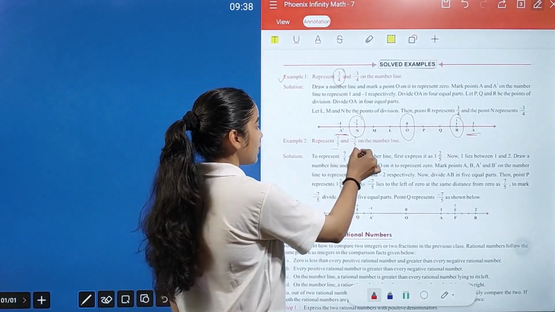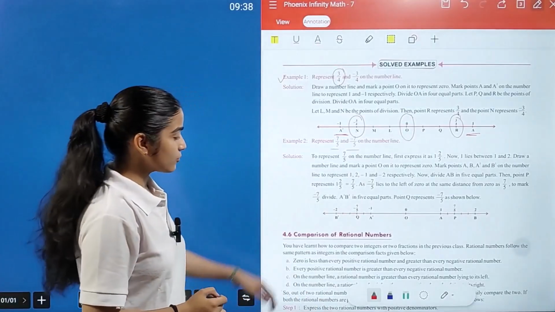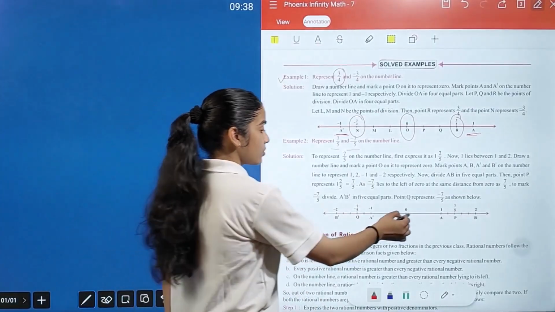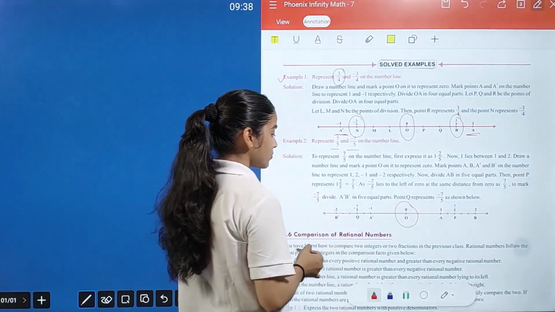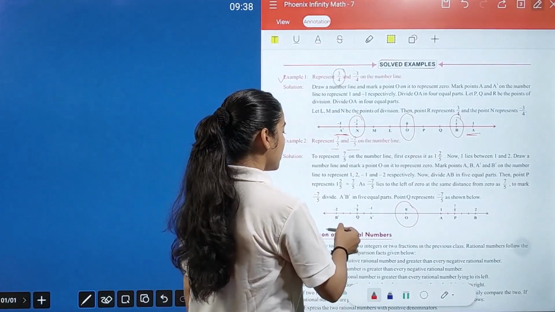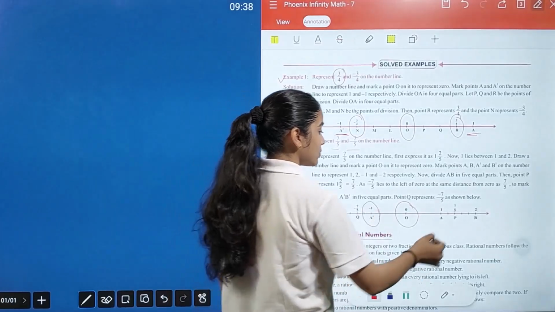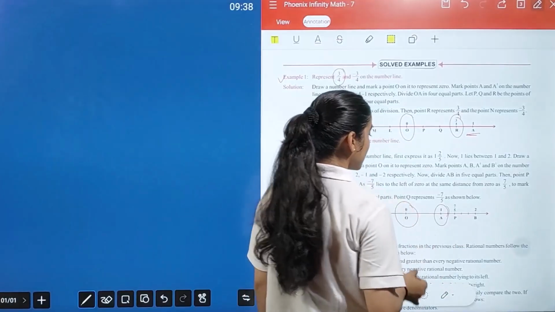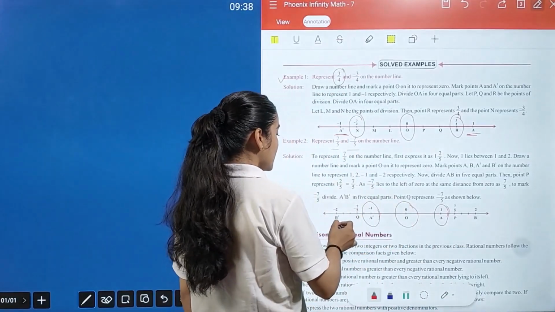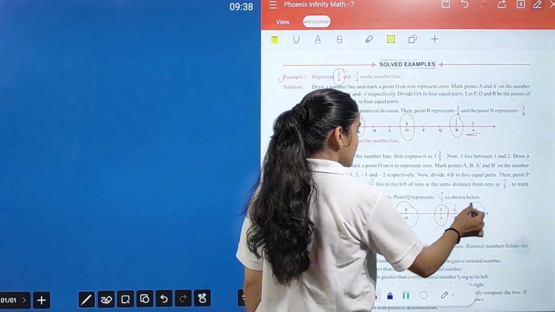Now 7 by 5 and minus 7 by 5. Again you have to draw a number line. In middle you represent 0. After this you have to take your points A1 and A dash and B1 and B. A1 representing minus 1 and A representing 1. B1 representing minus 2, and B representing 2.